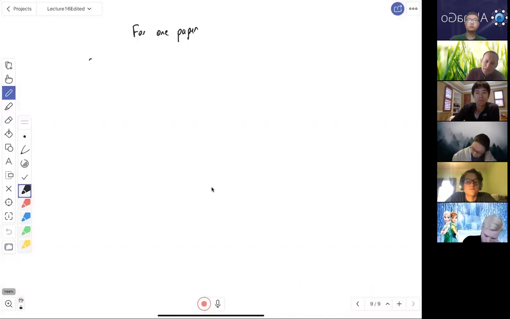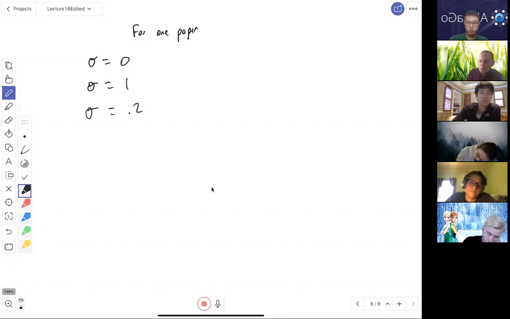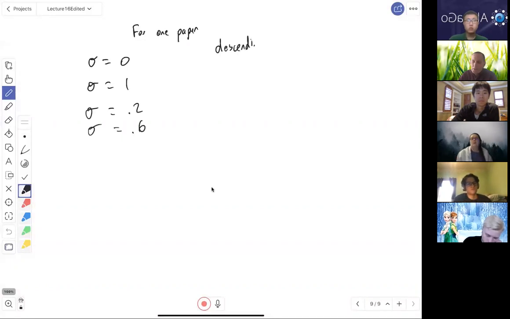They looked at sigma equals 0, sigma equals 1, and constants like 0.2 or 0.6. What they found was that intermediate sigmas worked better. What worked even better, I don't remember what they call it, I call it a descending sigma.